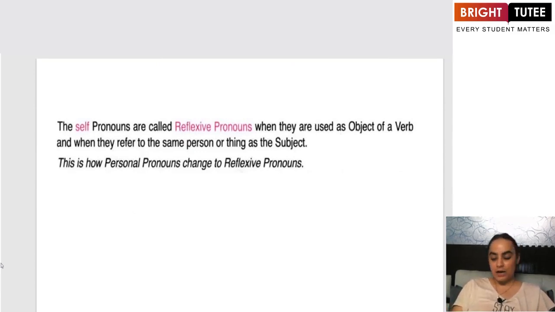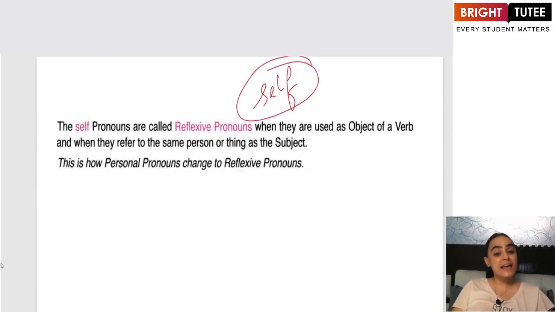So these pronouns which always end with a self are known as reflexive pronoun only and only when they are used as the object of the word. Only and only when myself, yourself, herself, itself, themselves, when all these pronouns are going to be used with the object and are talking about the subject, then they are known as reflexive pronouns.